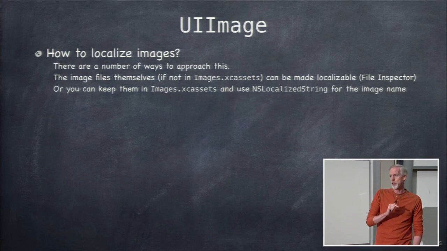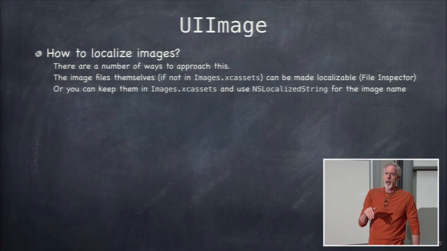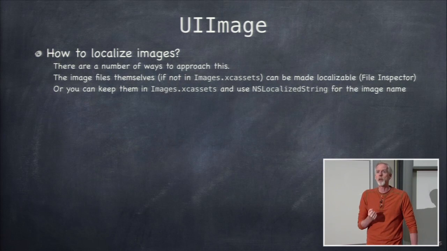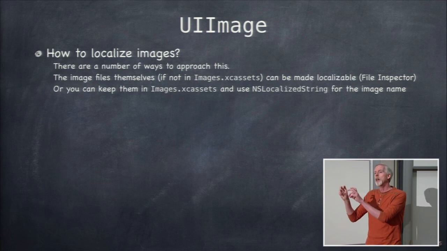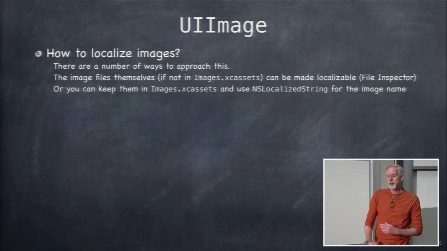And you can have a different version for every language that you want. But maybe a better way to do it is put them in your XCAssets, put all the images from all the languages, and give them names that you can then look up using NSLocalizedString. Okay? And then your translators can translate the name of stop sign to, you know, French stop sign or something like that, and then that'll be the name in the image XCAssets.